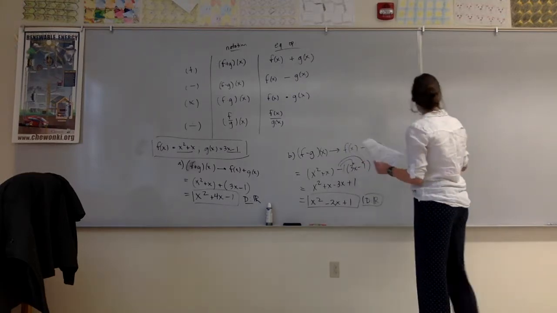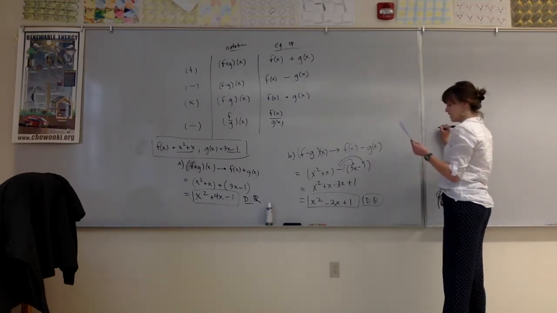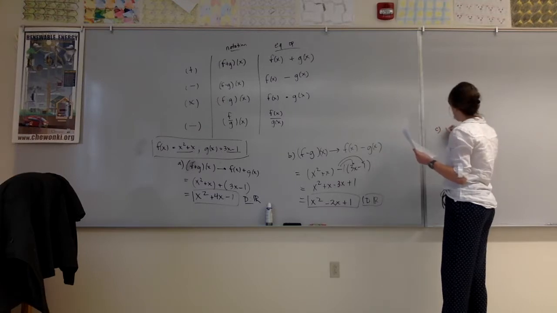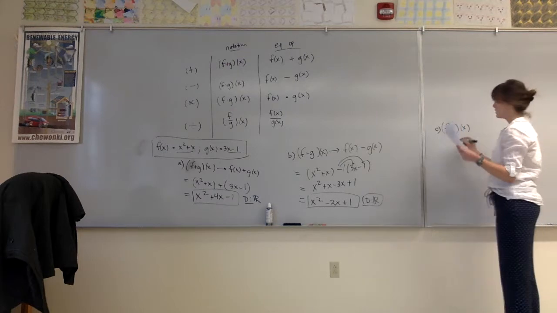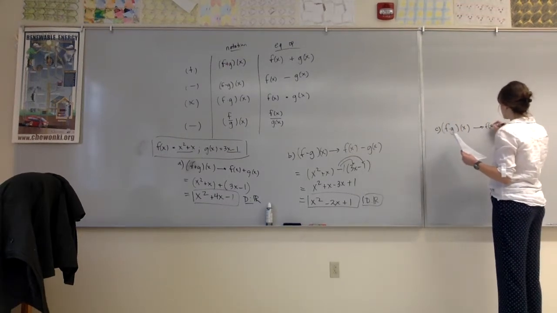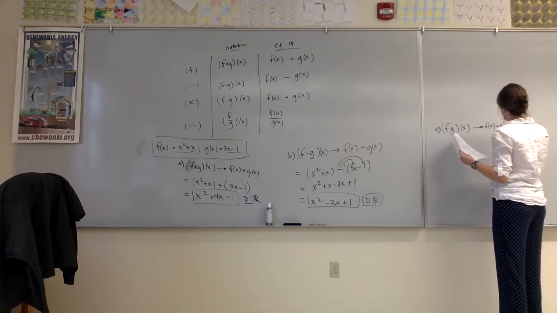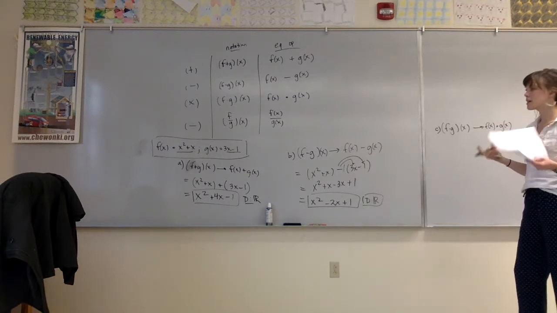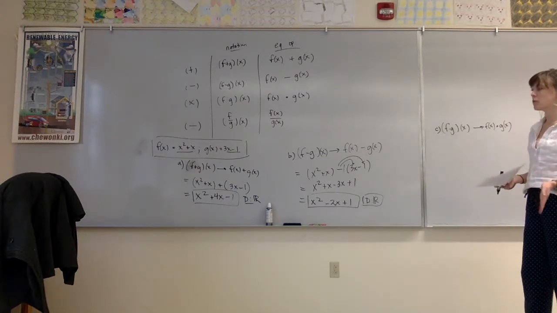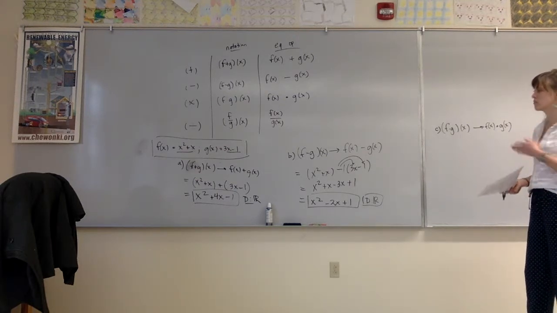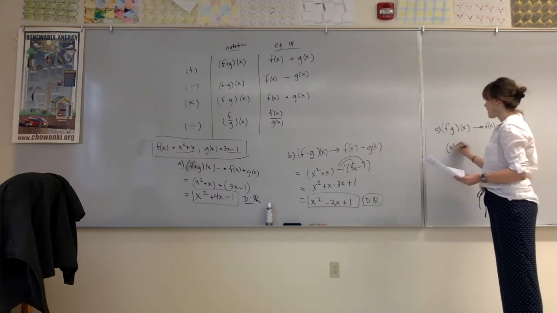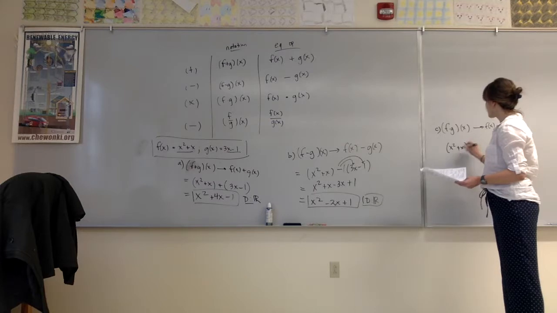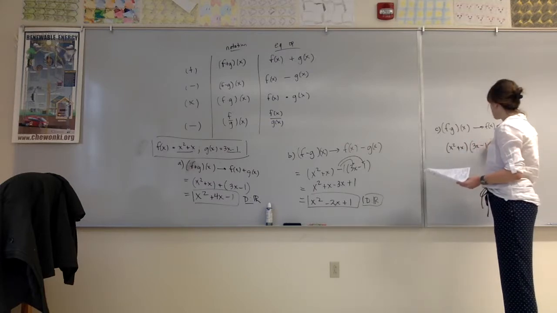There's a lot of these. Yeah, there are. For C, I have f times g of x, which is the same as f of x times g of x. And this is where our work with polynomials and factoring really is going to start coming into play. Do we just FOIL? Yeah, exactly, because I have x squared plus x times 3x minus 1.